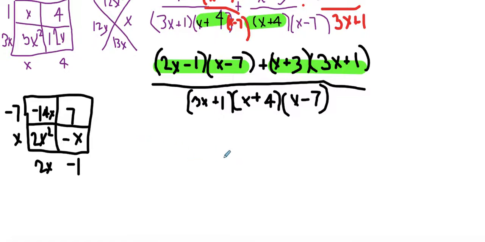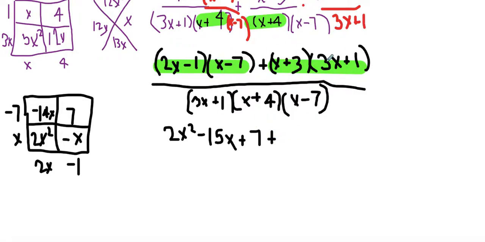So I have 2x squared. Negative x, negative 14x is negative 15x. Plus 7. So that is these two things multiplied together.